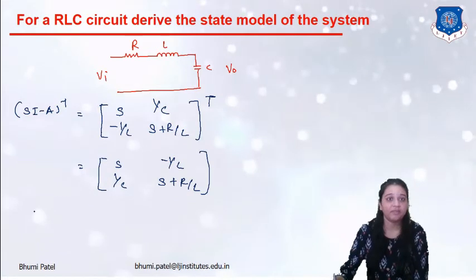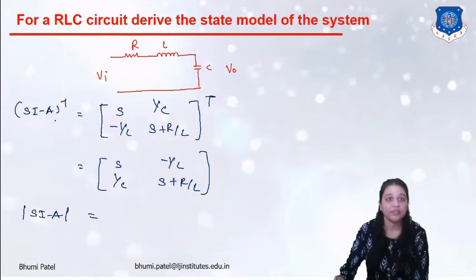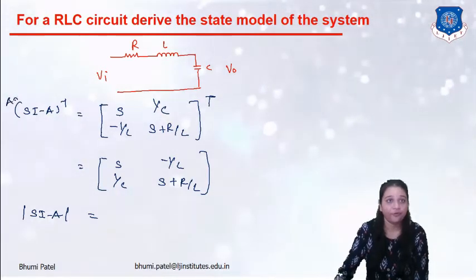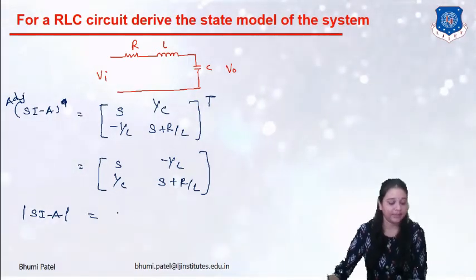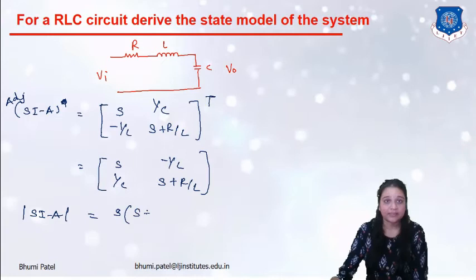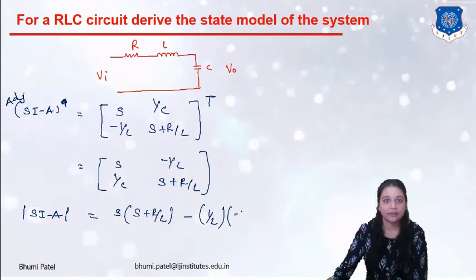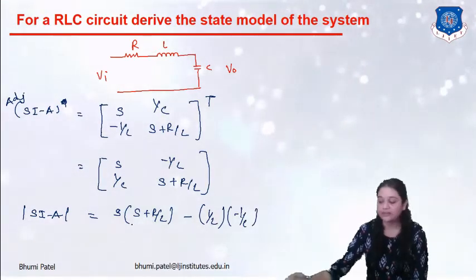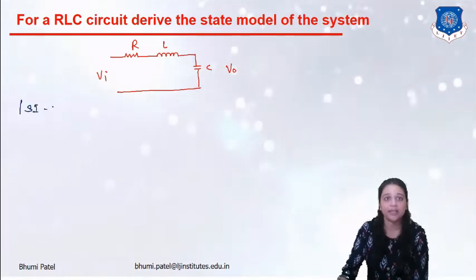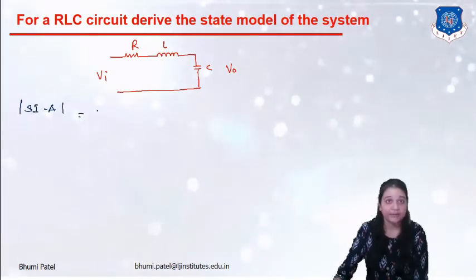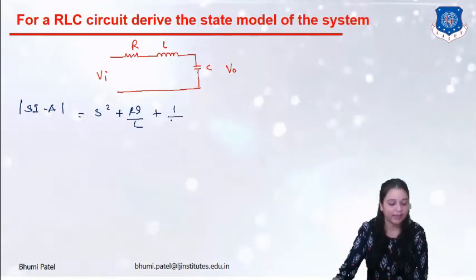Okay. Now next step is we have to find the mod of SI minus A. So this is my adjoint of SI minus A. So the mod of SI minus A is nothing but S into S plus R by L, minus 1 by L into minus 1 by C. Simplify this equation, we can get the mod of SI minus A is equal to S square plus Rs by L plus 1 by LC.